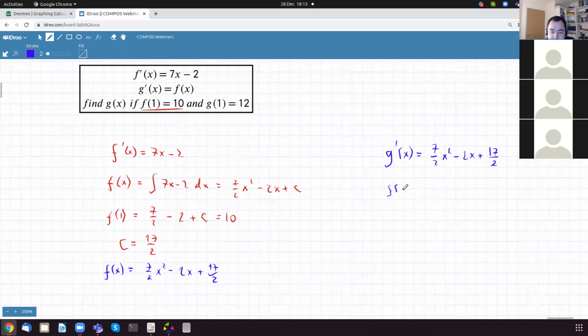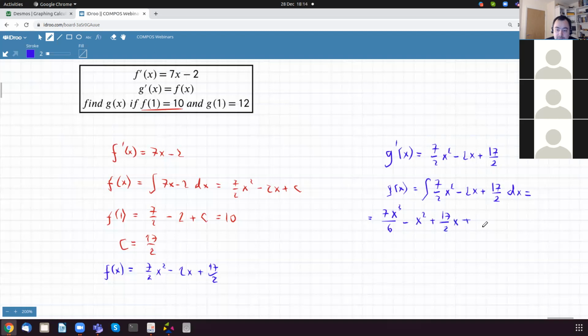So g of x is the integral of that dx. It's 7x cubed over 6, because the 3 joins the 2 and it becomes a 6, minus x squared plus 17 over 2 x.